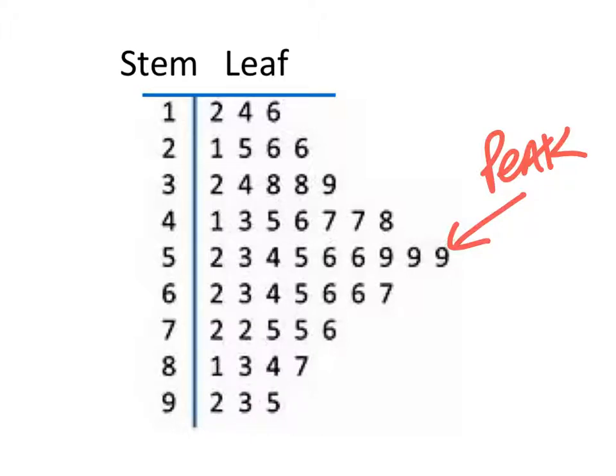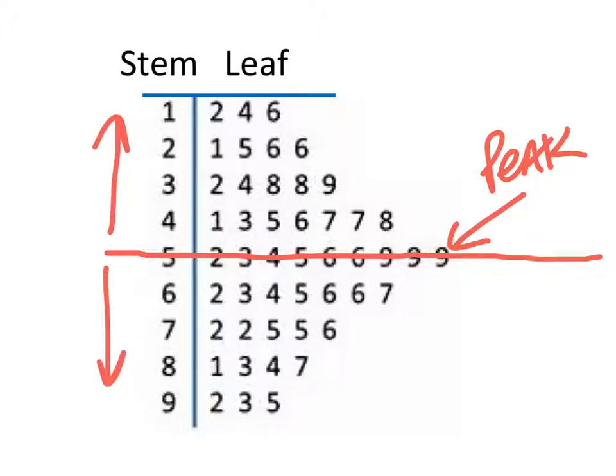Now, symmetry or skew? The center of this graph runs right through the 50s. If I draw a line here, then I have data above the line, data below the line. It mirrors either side of the line.